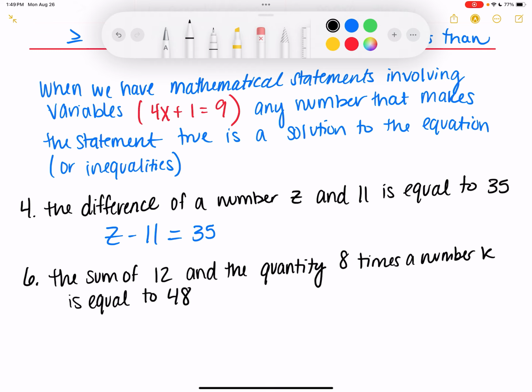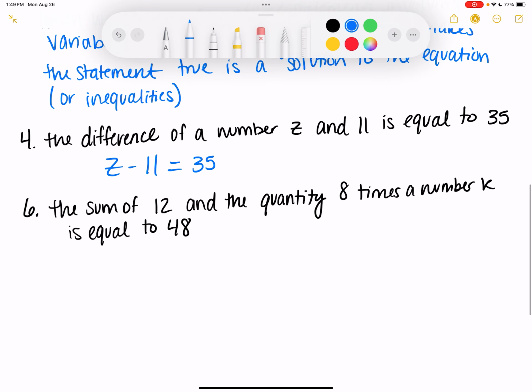Any idea how I should write this one? This one has a few parts. 8 times k. So the sum of 12 and the quantity 8 times the number k, so that's going to be 12 plus 8 times k. This one is equal to, so I write that, and then 48 like that.